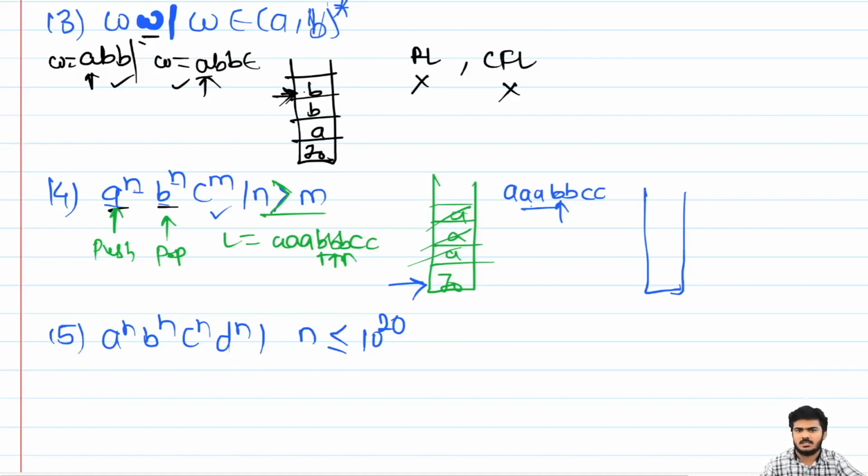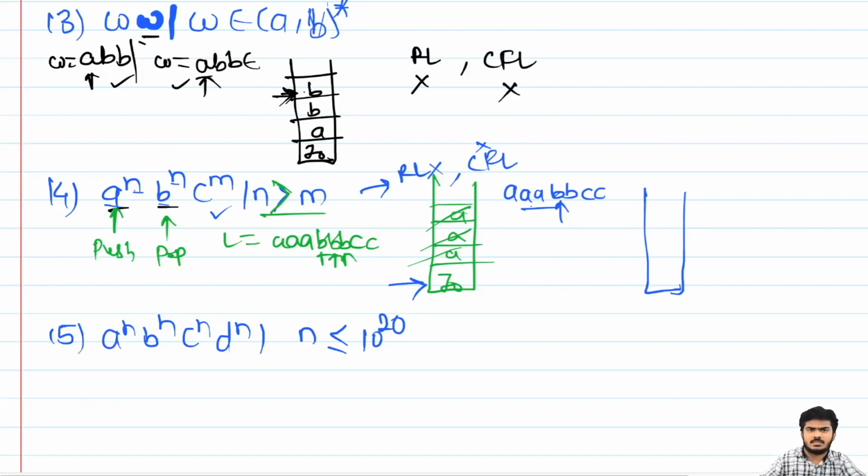So we can say that designing a PDA or non-deterministic PDA for this language is not possible. So this language is not a regular language, because it needs more than one stack, and similarly this is not a CFL, because designing a non-deterministic PDA is also not possible for this particular language.